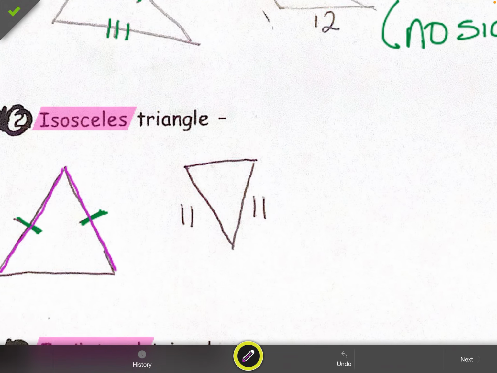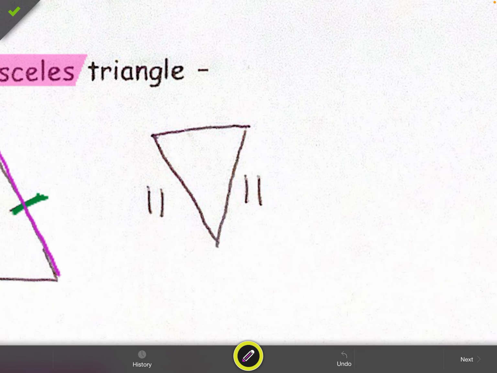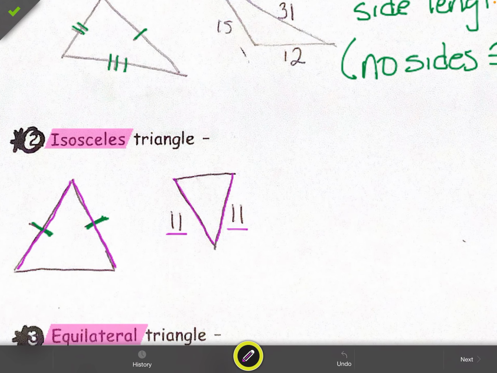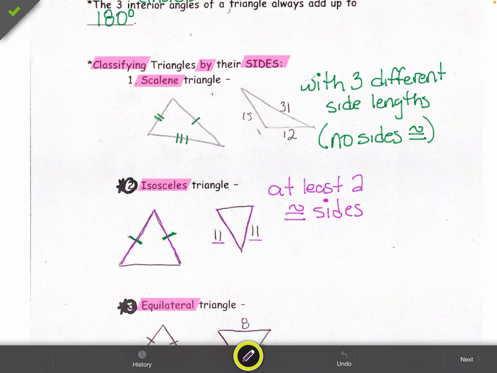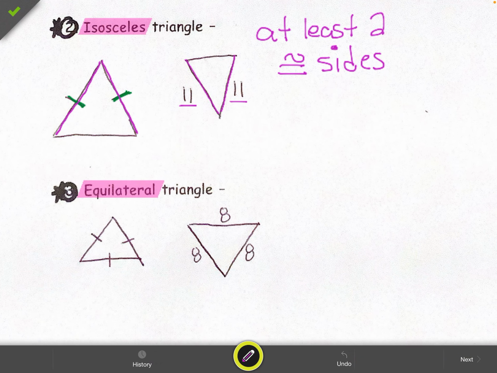If you look at the second picture, you can clearly see 11 and 11, so this side and this side have the same length. So an isosceles triangle has at least two congruent sides. At least two. So scalene has no congruent sides, isosceles has at least two.